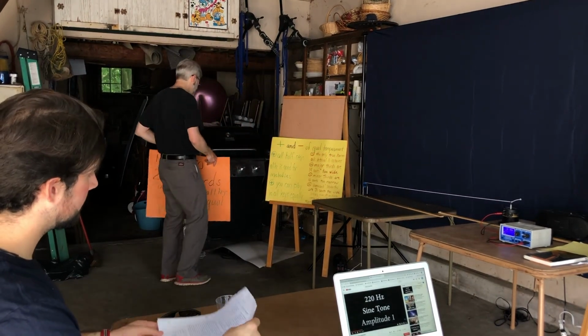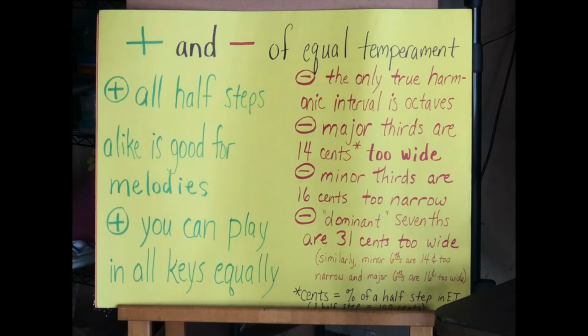Around 1850, most musicians and keyboard players decided that equal temperament would be the way to go for most keyboards, whether it be a clavichord, an organ, a piano, or a harpsichord, certainly the piano.